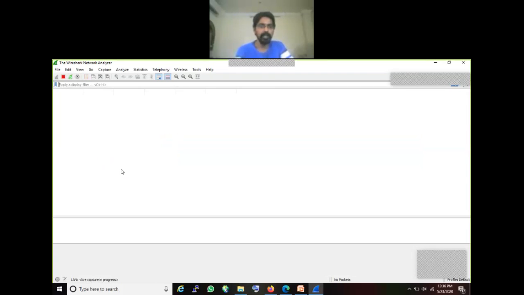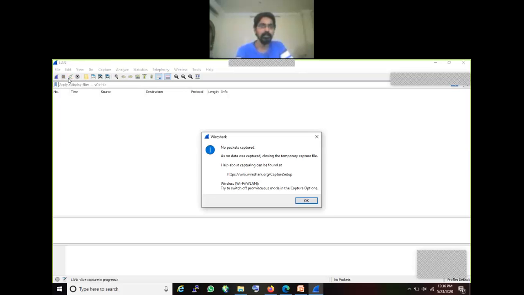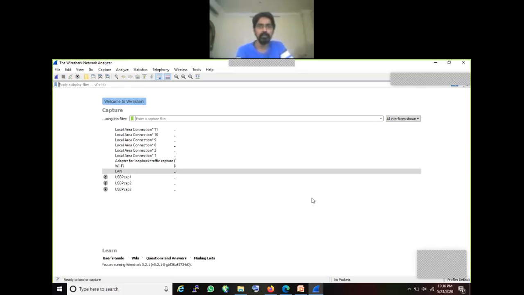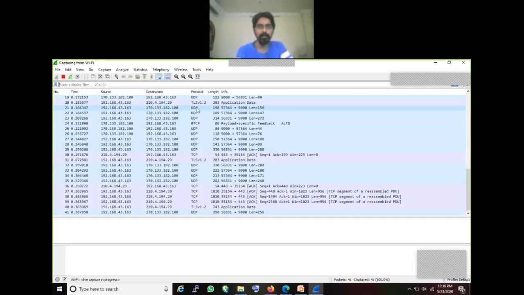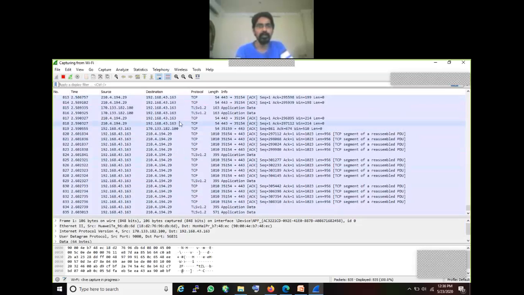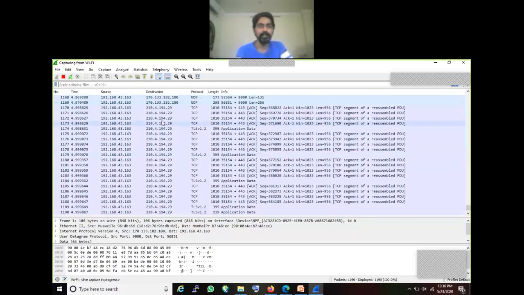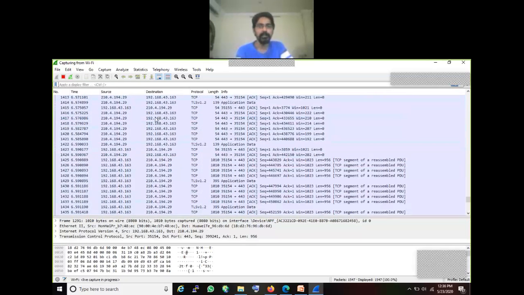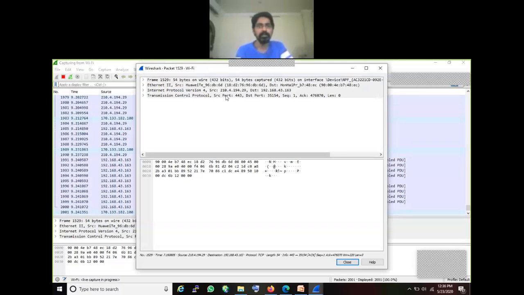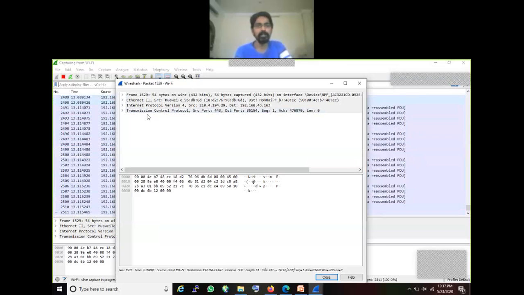I'll take my network card; in this one, LAN is there, but my LAN is not available at the moment, so I take the Wi-Fi connection. So take one packet. This is the packet, and in this one, observe.